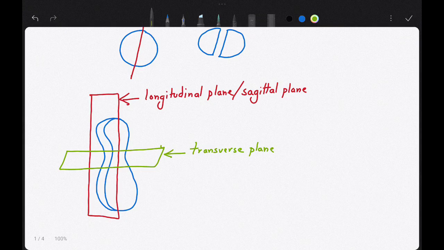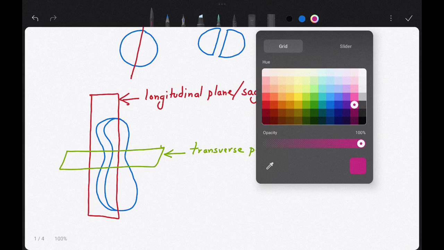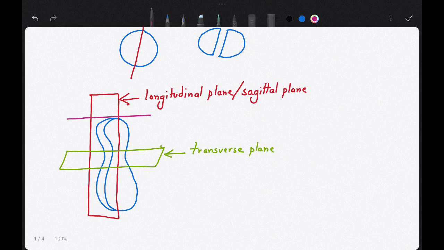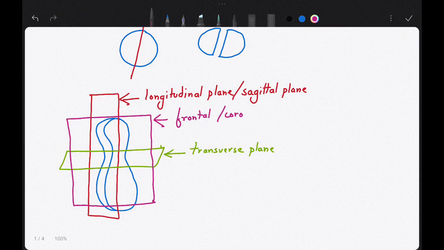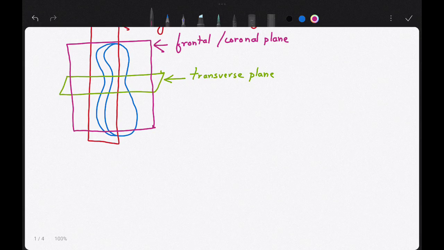Now if I cut it from the back to the front side, meaning if I separate the back from the front side, then this is known as the frontal or coronal plane. Okay, understood? I hope this much is clear.